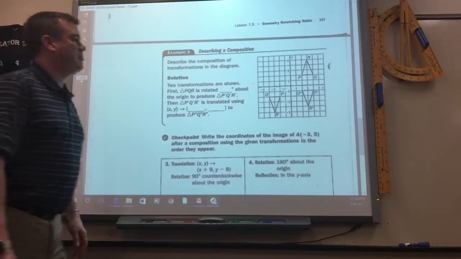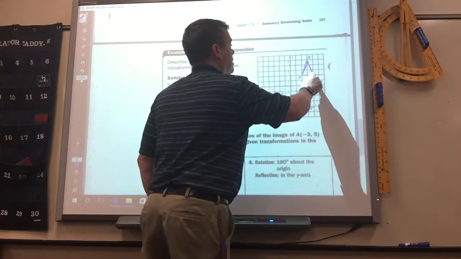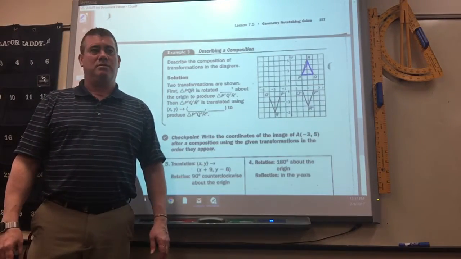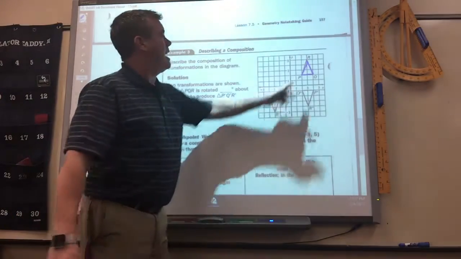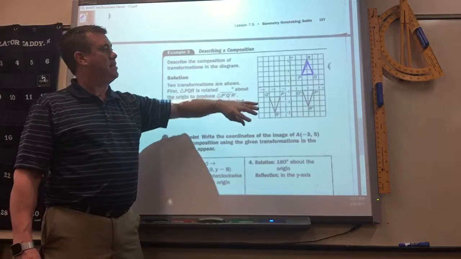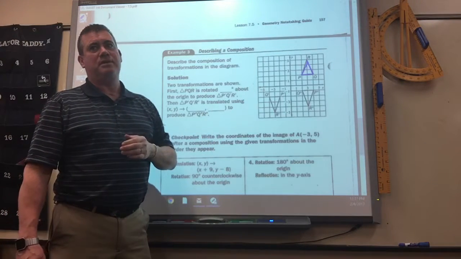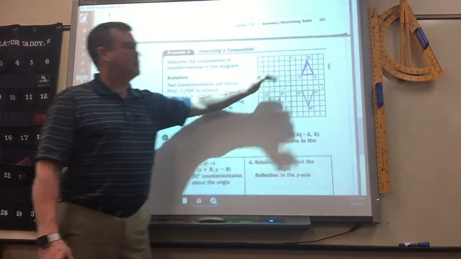Describing them. Here's the original. Everyone knows how to tell which one it goes to first? Prime, right here. So, obviously to get from here to here, it's not a translation because it's upside down. It looks like a rotation to me. I mean, yeah, rotation. It's not a reflection because it wouldn't fold.